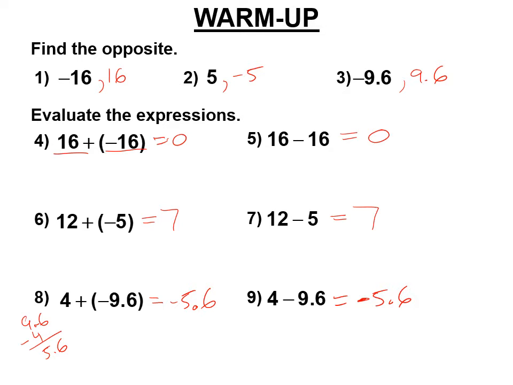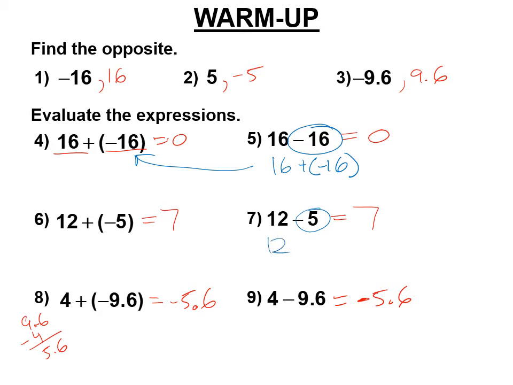Now what is this warm-up trying to show you? It's showing you that subtracting 16 is going to be the same as adding negative 16. Right? That's the one next to it. Whenever you leave the first number the same, subtraction of 16 will always have the same answer as adding the opposite, adding negative 16.